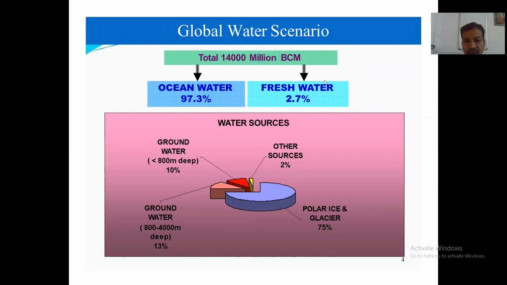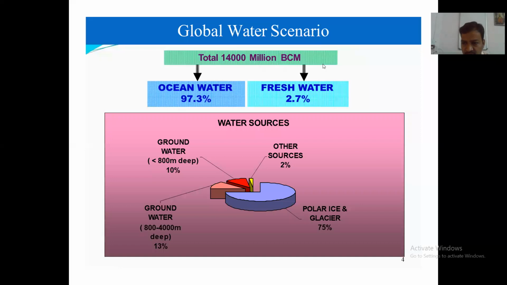The global water scenario. The global water scenario all over the world: in what percentage, in what quantity the water is available. All over the world, a total of 14,000 million cubic meters of water is available. 70% water is there. Out of that, ocean water is 97.3%.